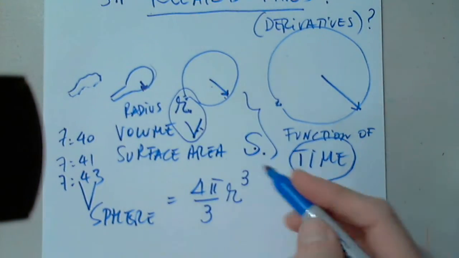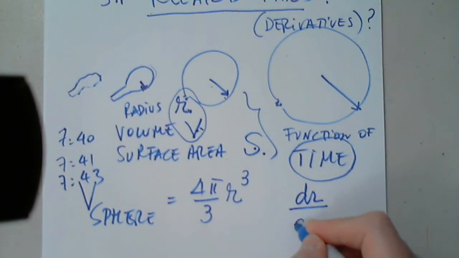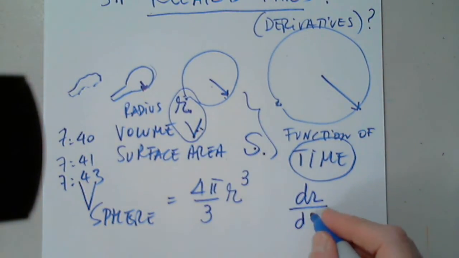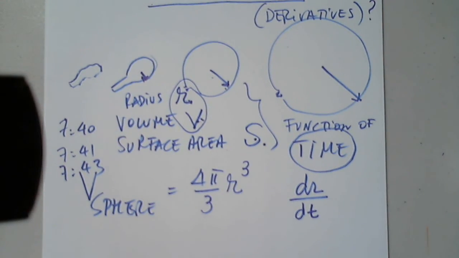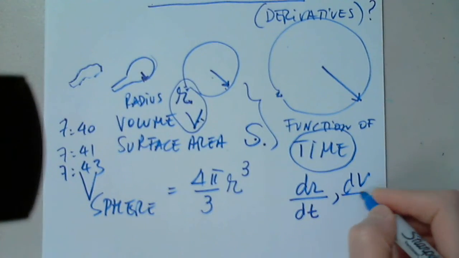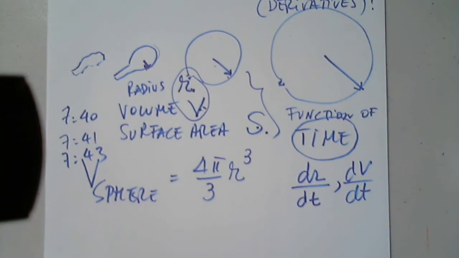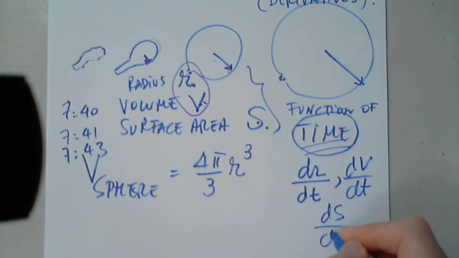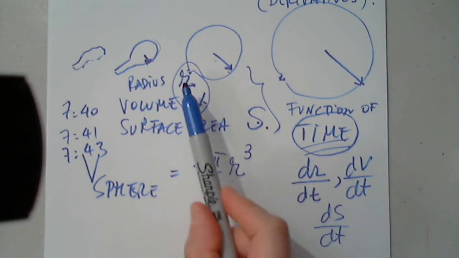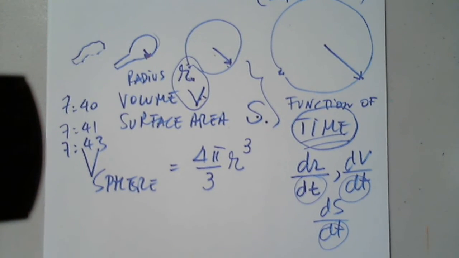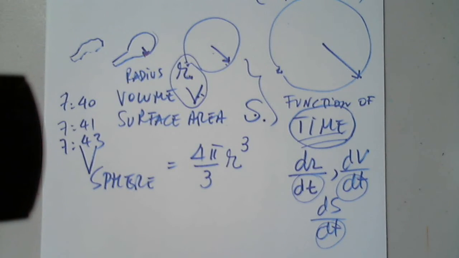So in other words, dr over dt is the rate of change of radius with respect to time. If I want the rate of change of volume with respect to time, this will be it, because they all depend on time. If I want ds over dt, if I want to differentiate any of these, I have to differentiate with respect to time. There's nothing else.